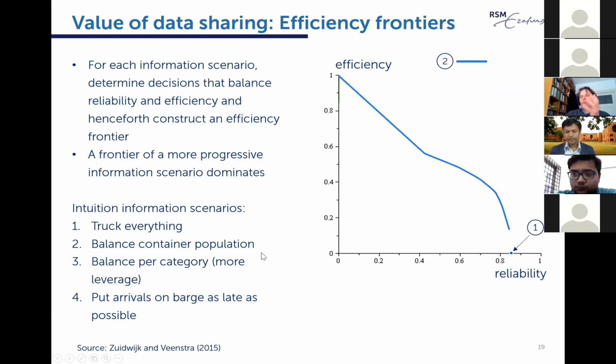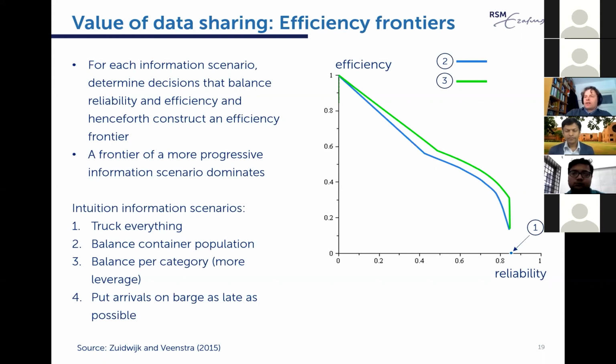Here, what you do is balance your container population in such a way that you designate them to barge and truck in a certain way, according to the statistics of the overall container population. You can gain something by doing this per category of containers. Now you have subpopulations of containers, and you do this balancing act for each specific category segment of containers. It could, for example, be based on product characteristics.